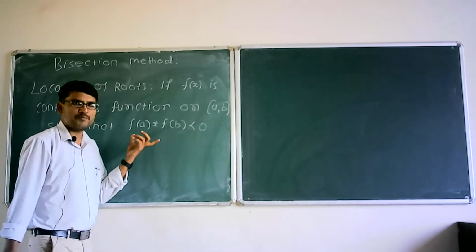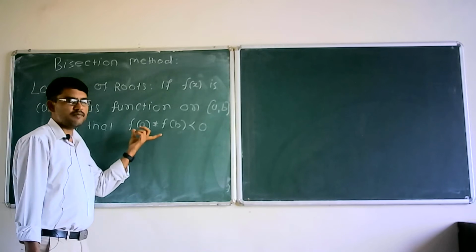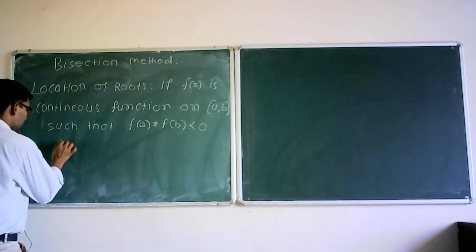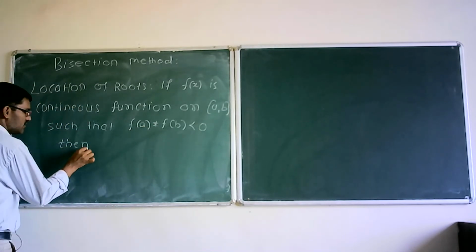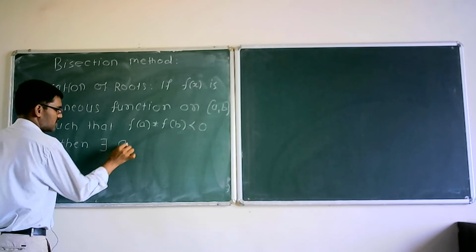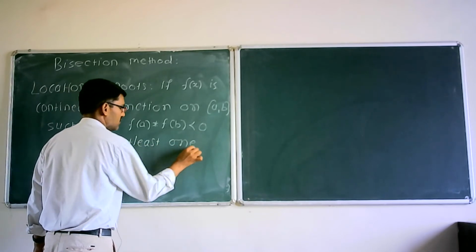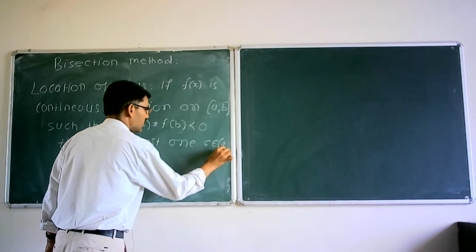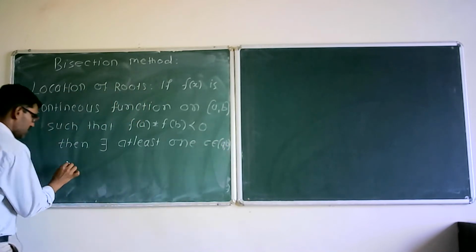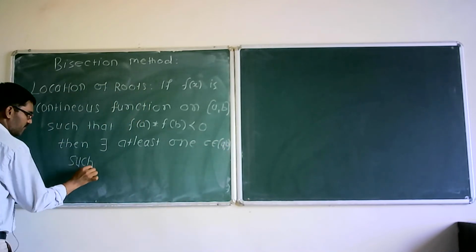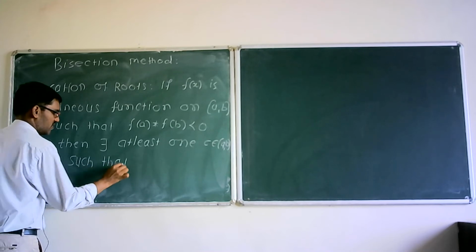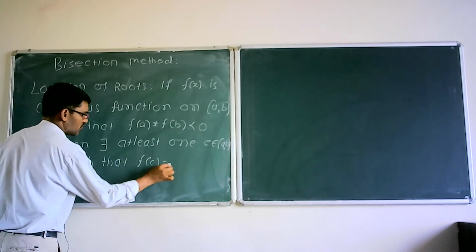They have opposite sign. Okay, if f of A and f of B have opposite sign, then there exists at least one C belonging to open interval AB such that f of C is equal to 0.